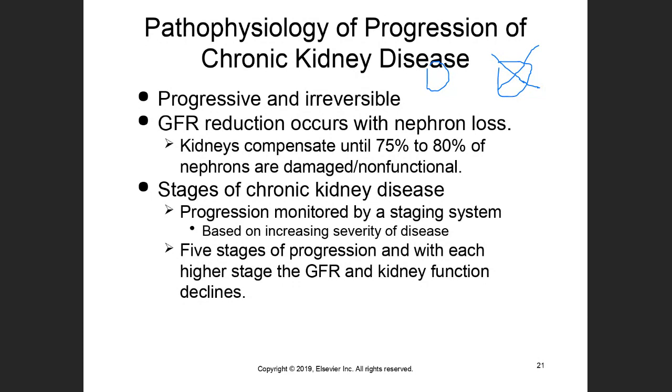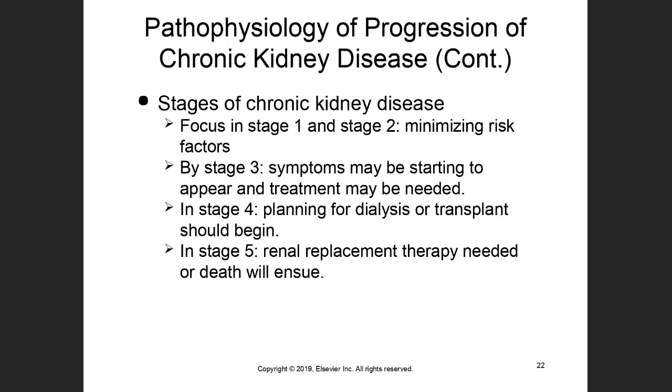Now we have the stages of chronic kidney disease, progression monitored by a staging system of 5 stages, based on the glomerular filtration rate. You see right here, stage 1, 2, 3, 4, and 5. What is important here is that in stages 1 and 2, you minimize risk factors, so you try to treat the hypertension, the diabetes, or any risk factor that is producing problems in this patient.